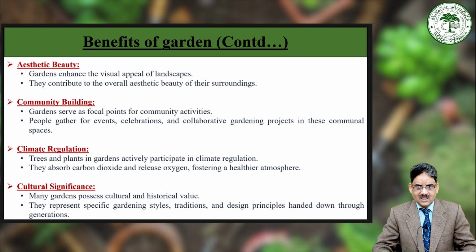So, from all these listed benefits of gardens, we can conclude that gardens offer a rich tapestry of benefits, ranging from practical produce to emotional, environmental, and cultural contributions to society.